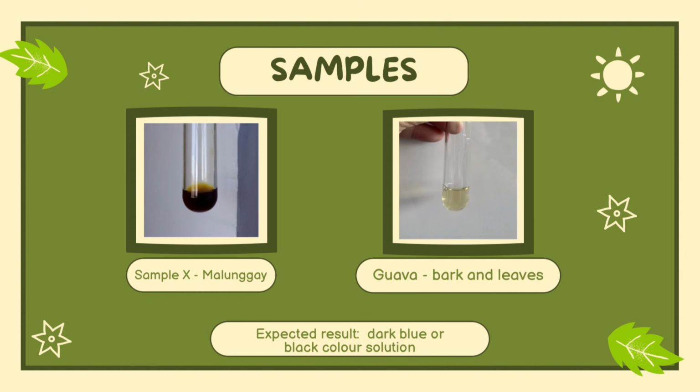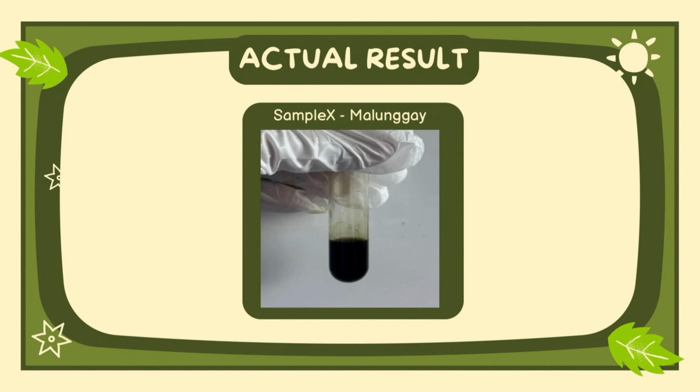For our samples, we utilized the sample X assigned to us, which is malunggay, together with guava leaves and bark. For the actual results, we can see here in the photo that sample X, or malunggay, showed a dark or black colored solution.